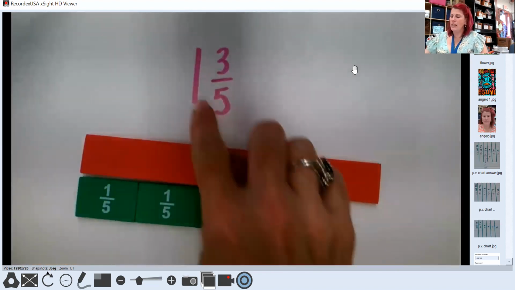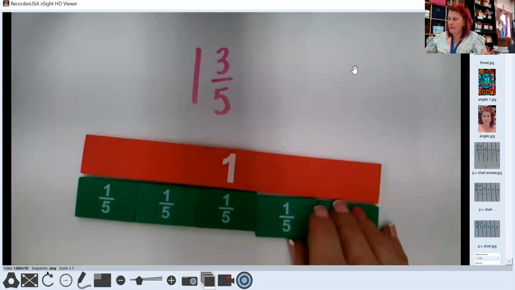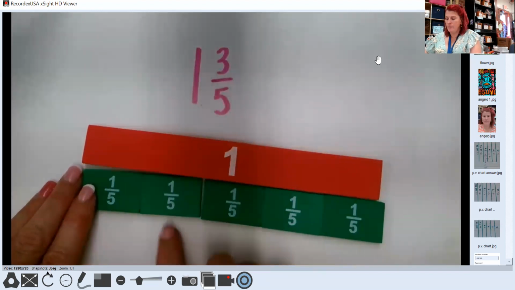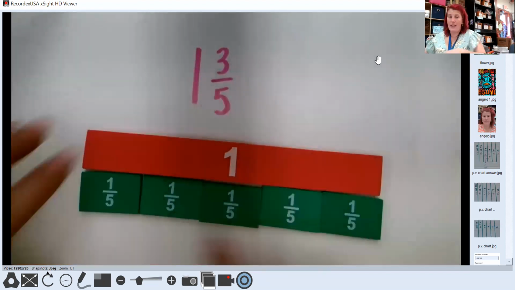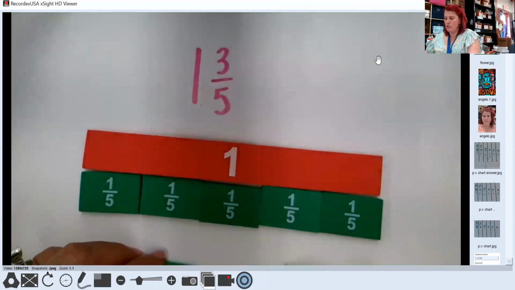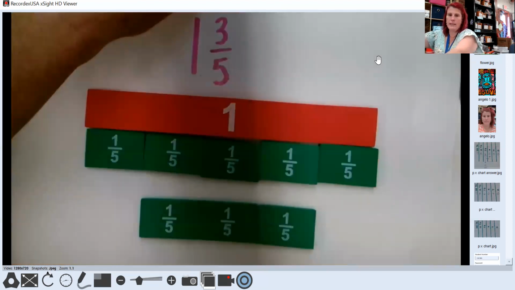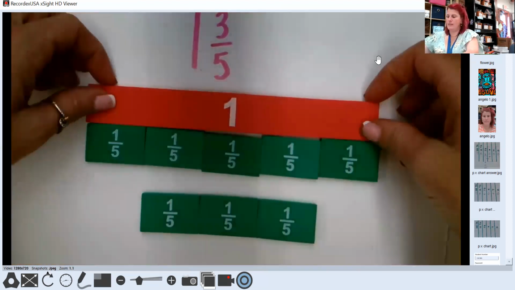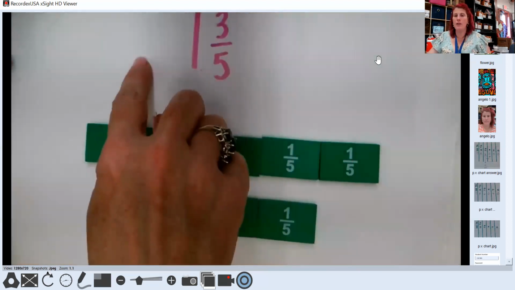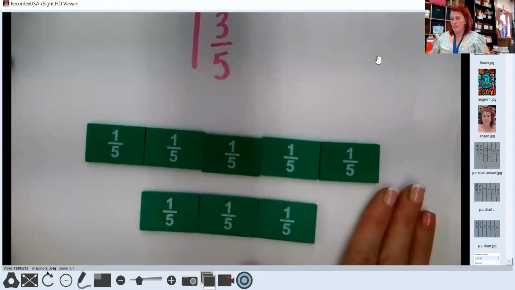Now I need to change this whole into a fraction whole, and I do that by locating the denominator. And so that is a fraction whole. And then I have my 3/5, which is in my original mixed number. That is how I would change this mixed number into a fraction.